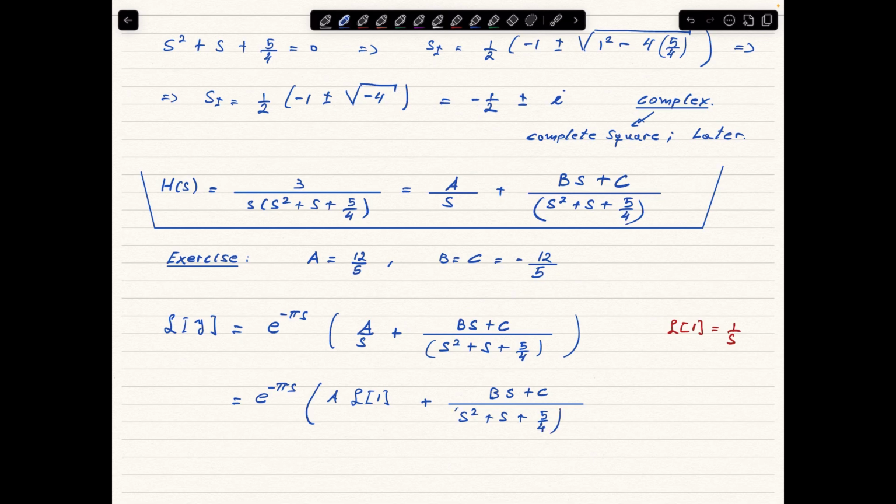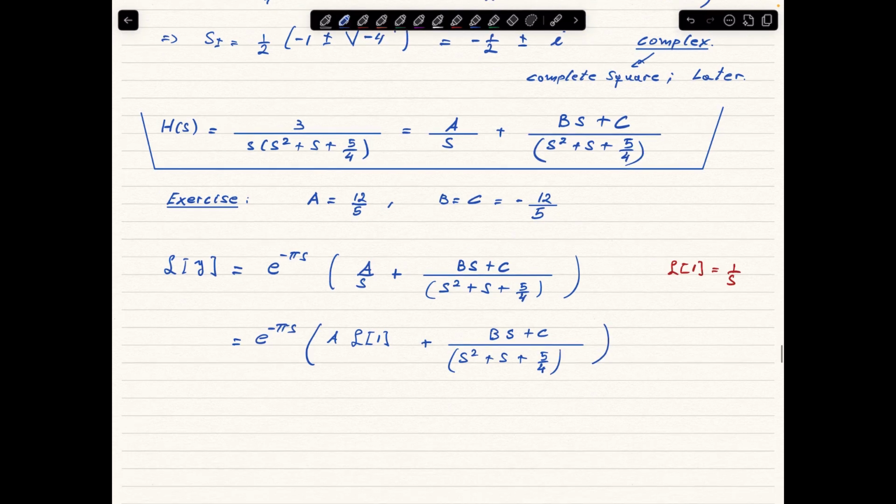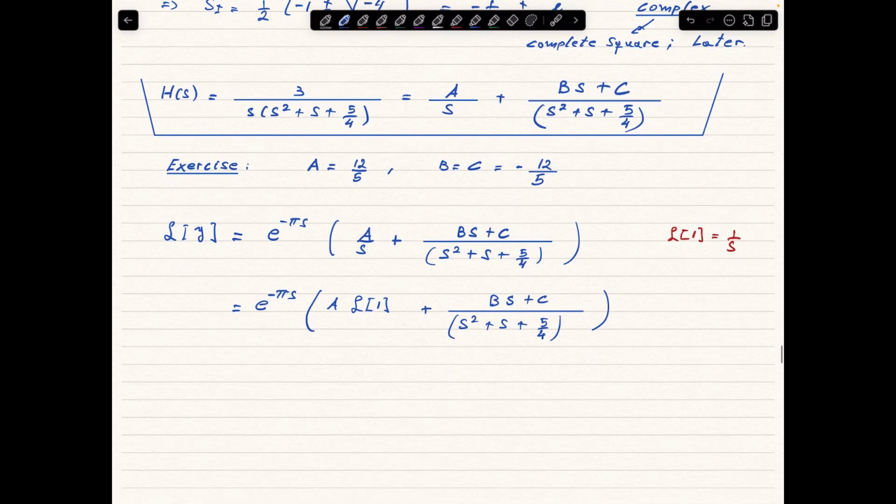Okay, now let's focus on the second term. And on the second term is where we need to compute the completion of the square. So complete squares.